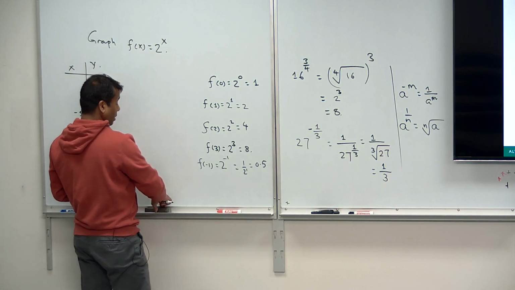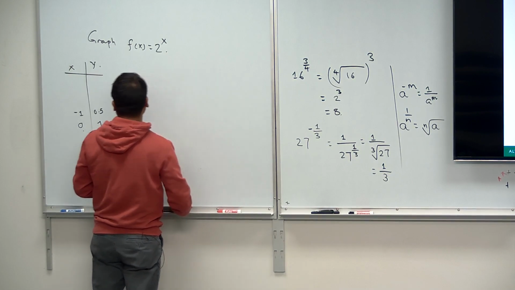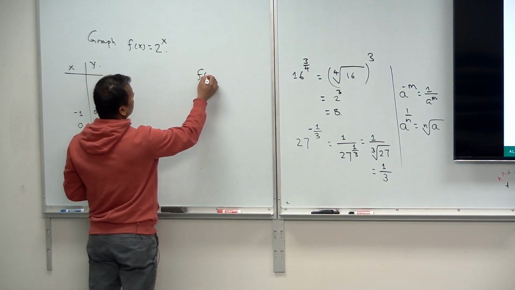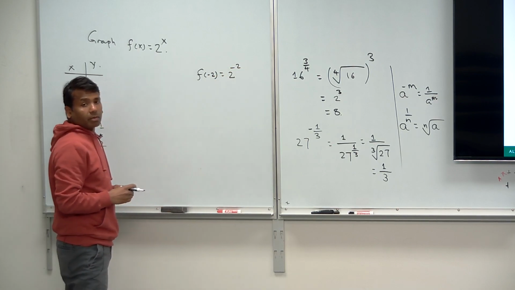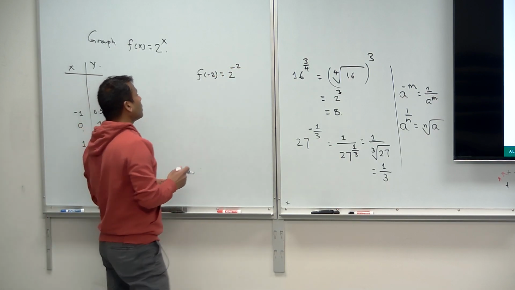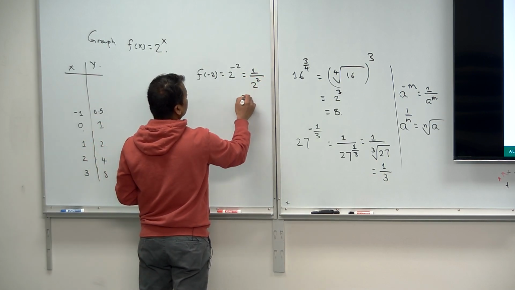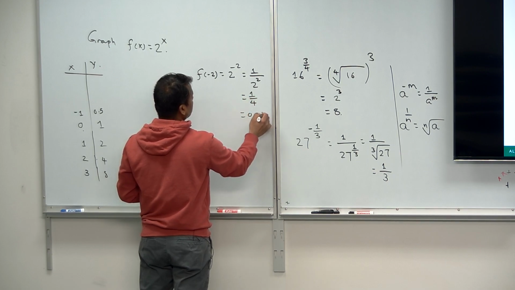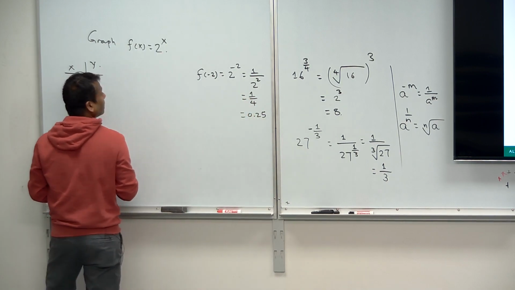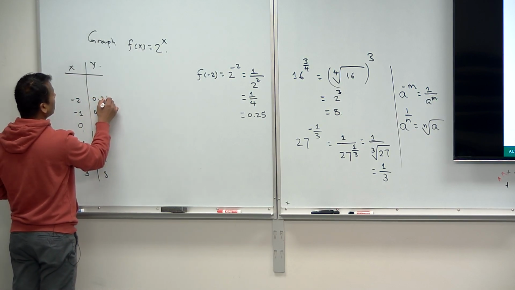Similarly, if you plug in x equal to -2, f(-2) equals 2 to the power -2. So 2 to the power -2 is 1 over 2 squared, which equals 1 over 4, which equals 0.25.